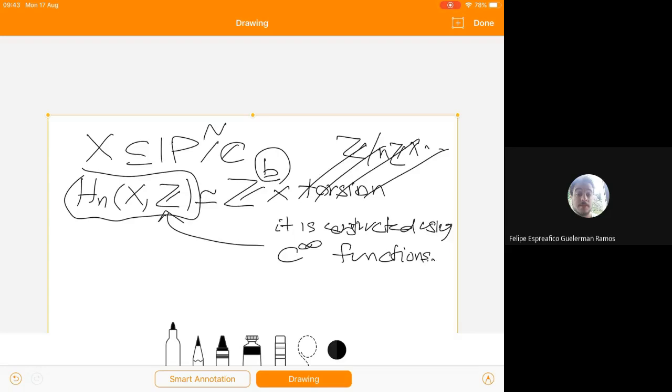But the point is that this, which we learned, singular homology, is a purely topological object, and it cannot be reproduced in the framework of algebraic geometry. Well, in any case, it's not a rigorous statement.